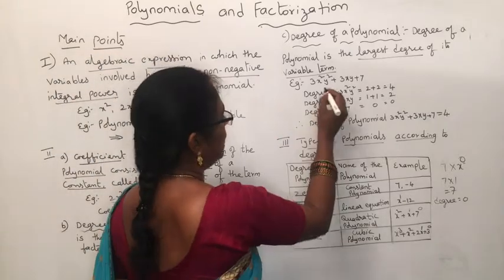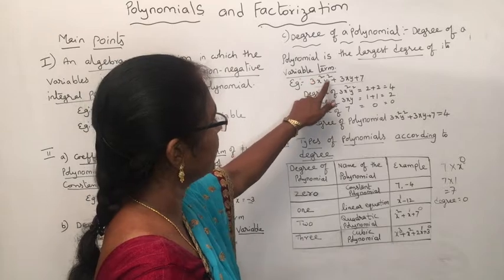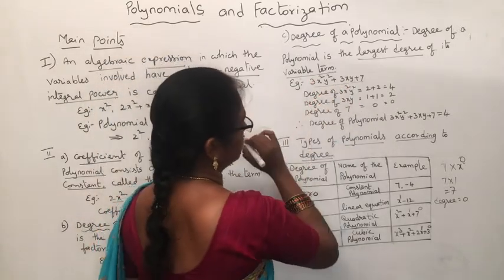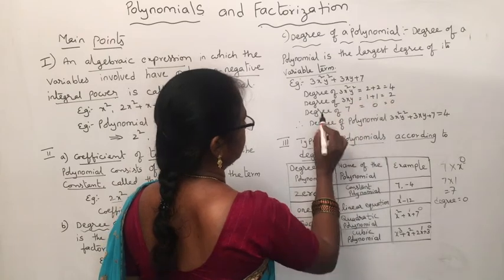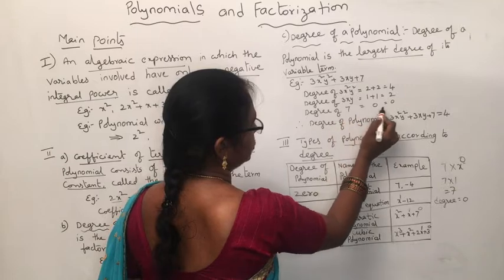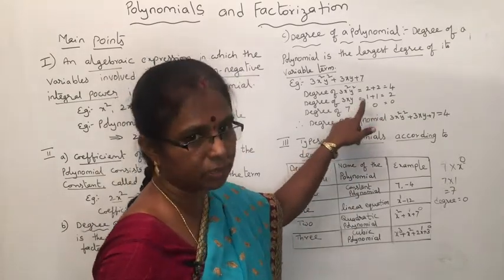Here is one example, I took 3 terms: 3x square y square plus 3xy plus 7. What is the degree of the first term? 2 plus 2, 4. Second term 3xy, 1 plus 1, 2. Degree of the 7, 0.